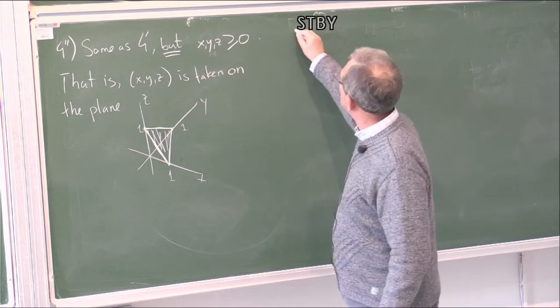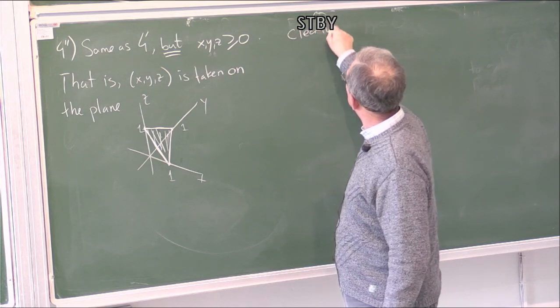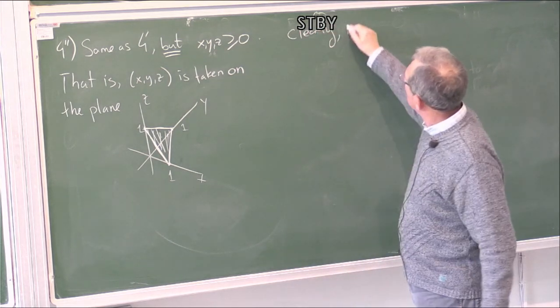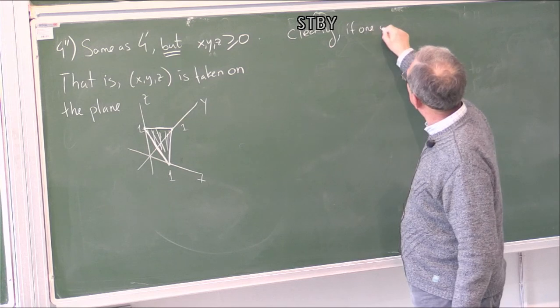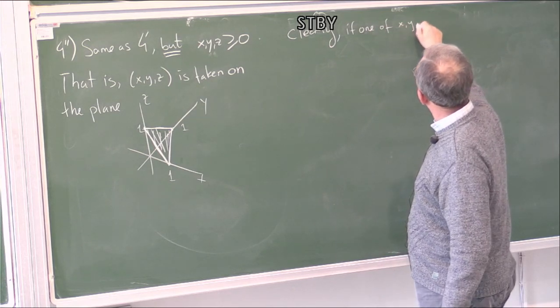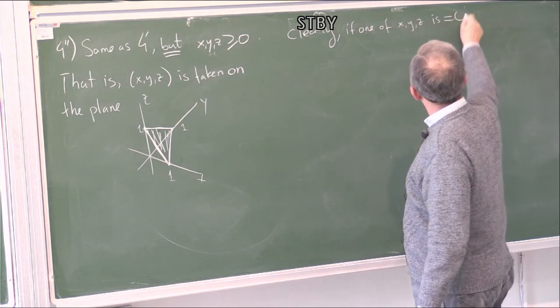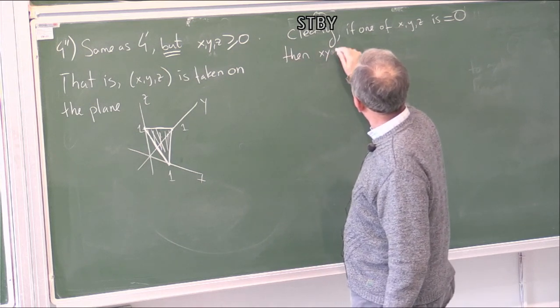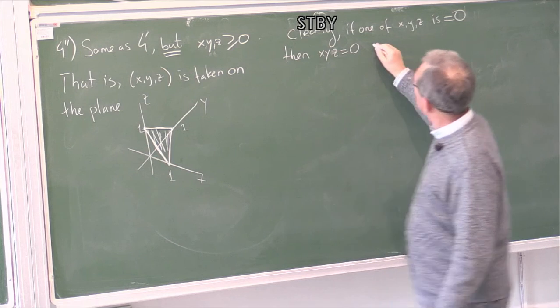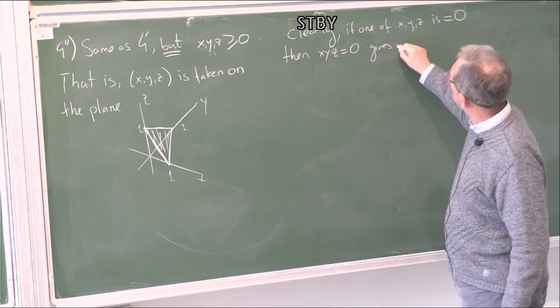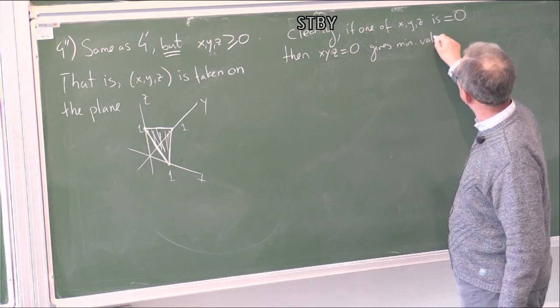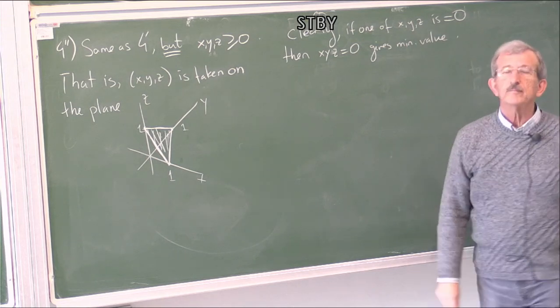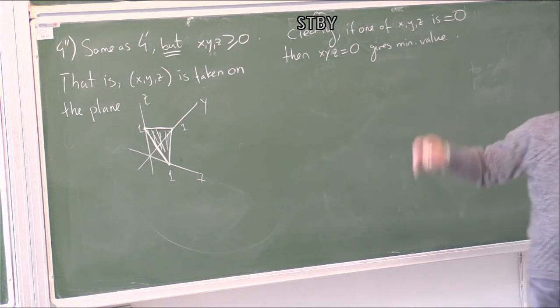So, clearly, okay, if xyz is equal to 0, then xyz is 0 gives the minimum value. Because you cannot get a negative value anymore.